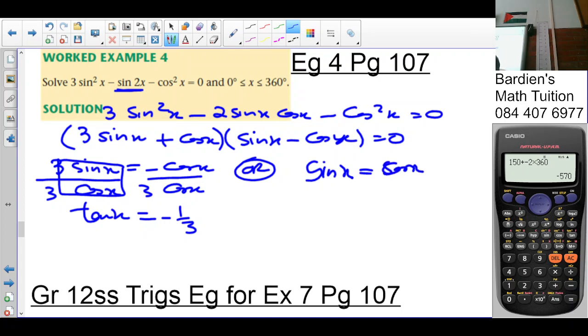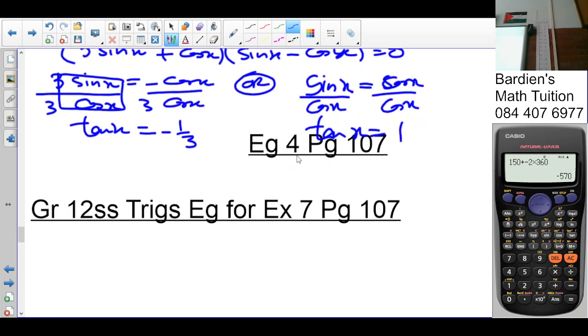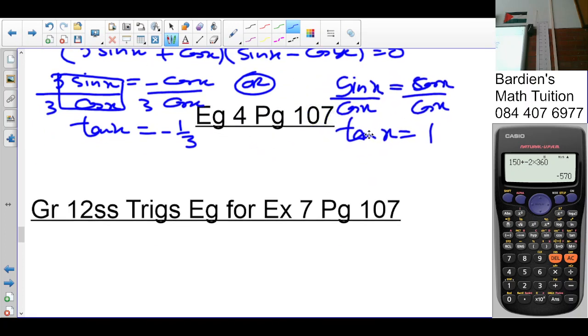Divide both sides by cos, because we know that sine x over cos x is of course tan x. So tan x is equal to 1. So this is still without the use of a calculator. But for this part of the calculation, definitely a calculator needs to be applied.